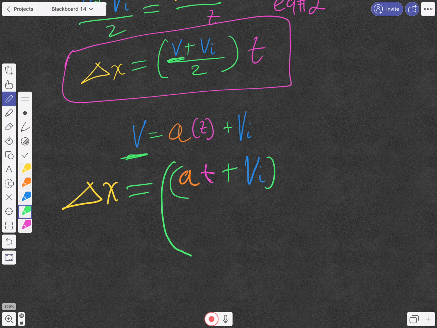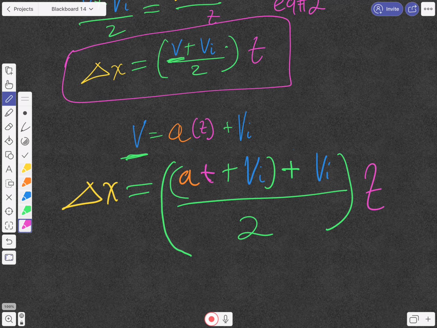And now we're back into this equation. We have plus vi again, and close that big bracket, and it's still divided by 2. And we still have a t out here.